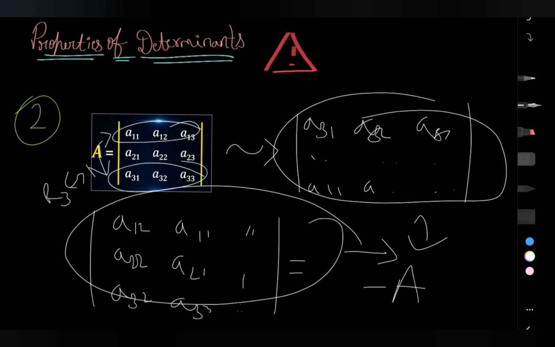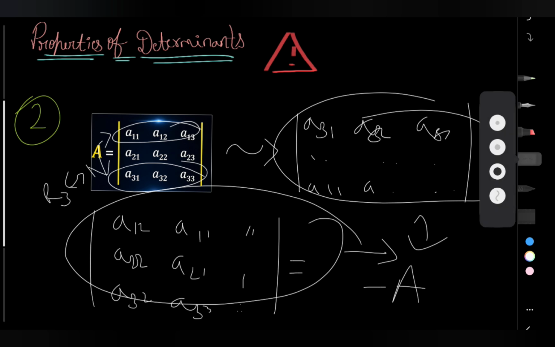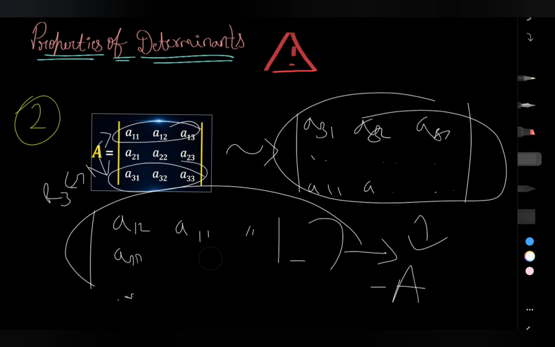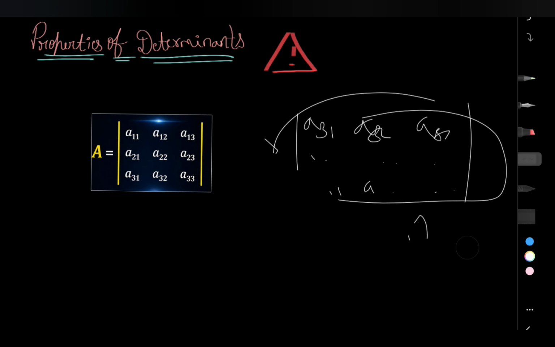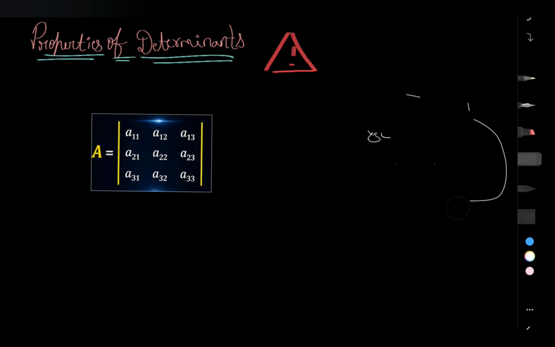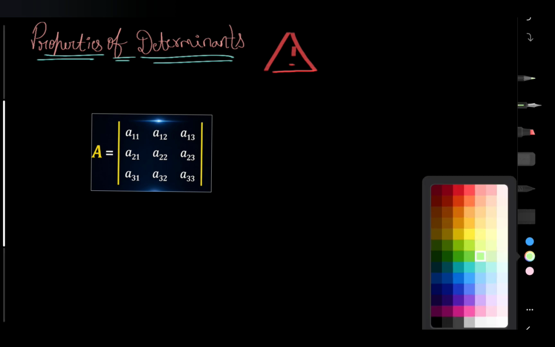If I interchange any two rows or any two columns, not a row and a column. If I interchange a row and a column, it is the first property, and the value of the determinant remains the same. If I interchange simultaneously two rows and two columns, the value will remain the same, because minus into minus is plus. Are you getting the concept?